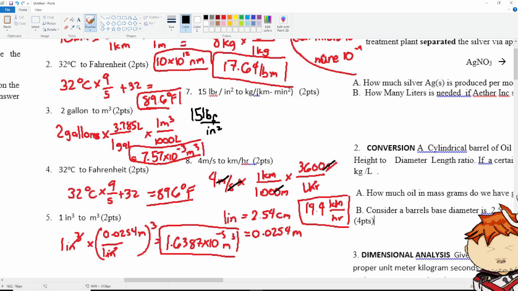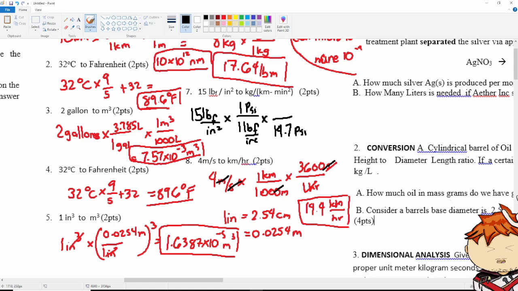Pound force is basically pound but in a unit of force. Oh wait, this is PSI, pound force per square inch. So 1 pound force per inch squared is 1 PSI.